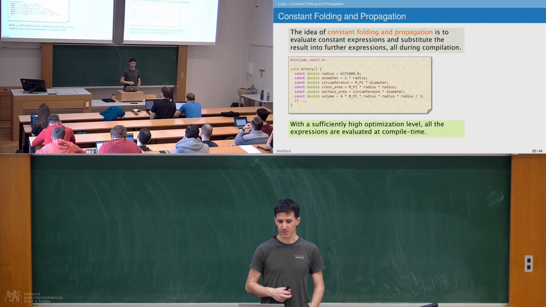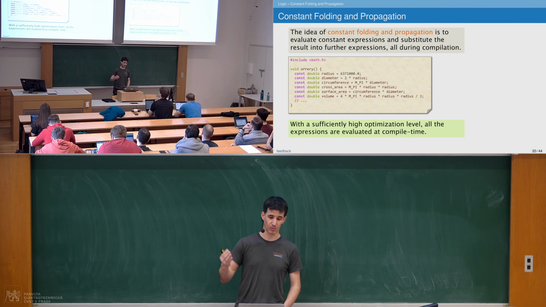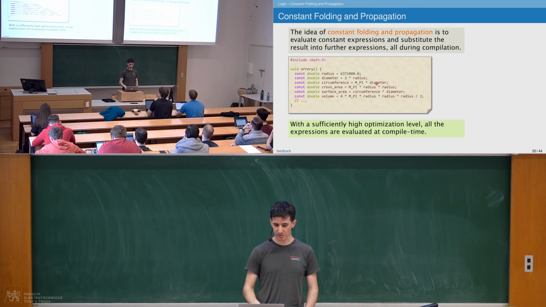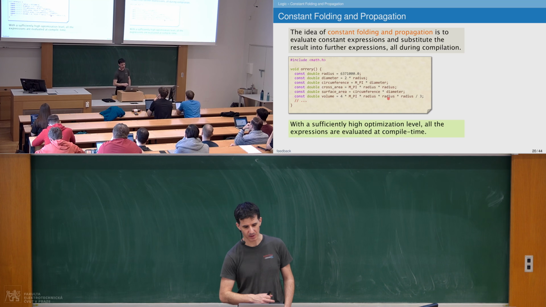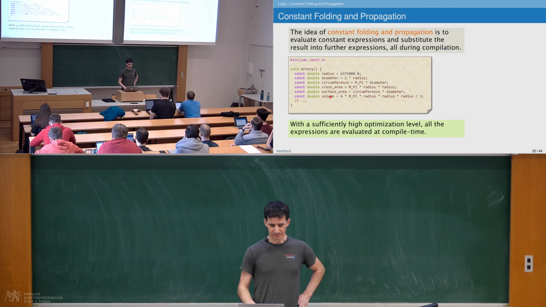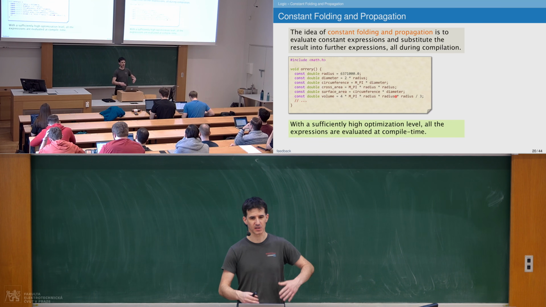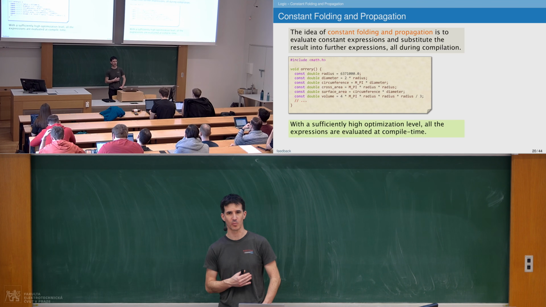So if your compiler is sufficiently good, and most of today's compilers are, it calculates this value just once and then reuses the result where the same value is needed. And in the end, because everything is constant here, the compiler will not have to calculate anything at runtime. Everything will be pre-computed at compile time because of this constant propagation.